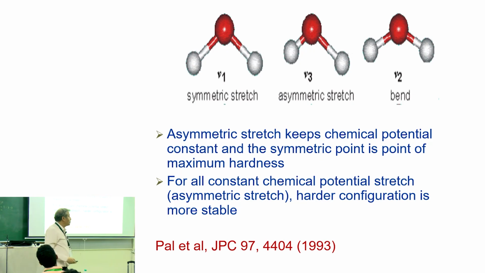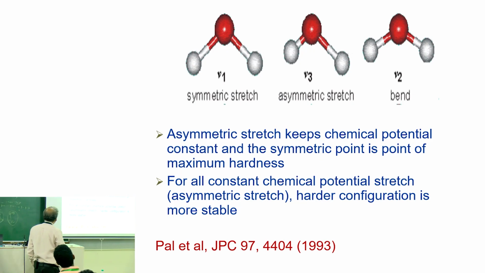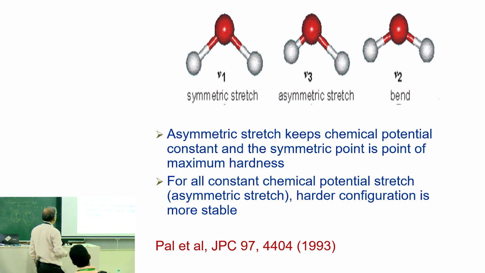Start from a symmetric stretch and then make asymmetric stretch such that all of these have the same value of chemical potential as the symmetric stretch. And then we clearly showed that the hardness is maximum here. The symmetric point is the point of maximum hardness. The harder configuration is more stable.